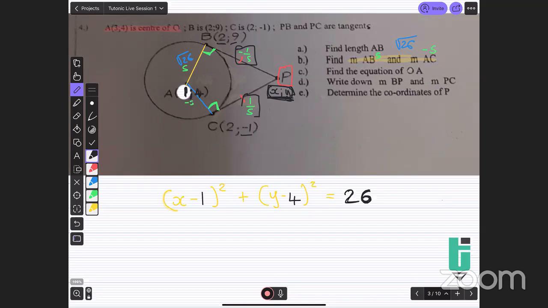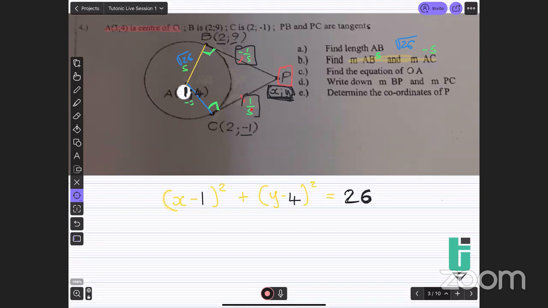Yes, please. Okay. They're asking us to work out the gradients, and usually the question that comes before guides you as to what you need to use.